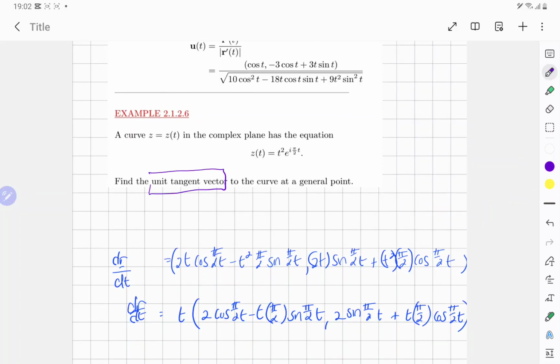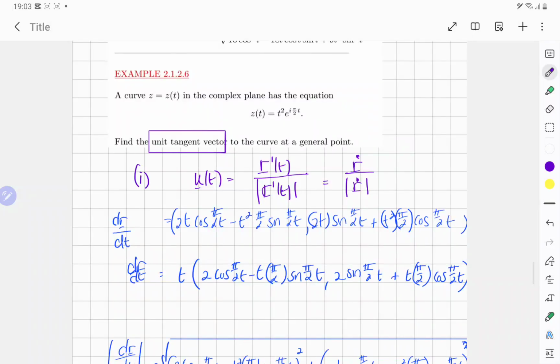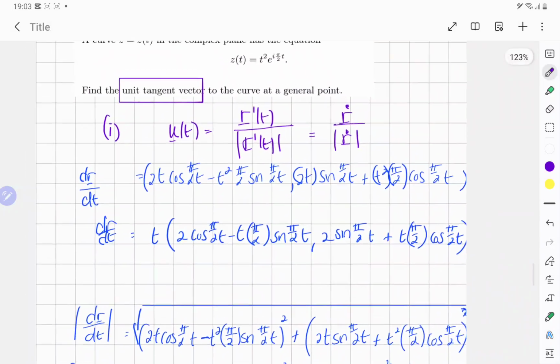They're asking for the unit tangent vector, and straight away your first step should be to write down your formula, which is r prime t over the magnitude of r prime t, or, as they write in your study guides, with a little dot at the top, magnitude. Familiarize yourself with all the different notations.